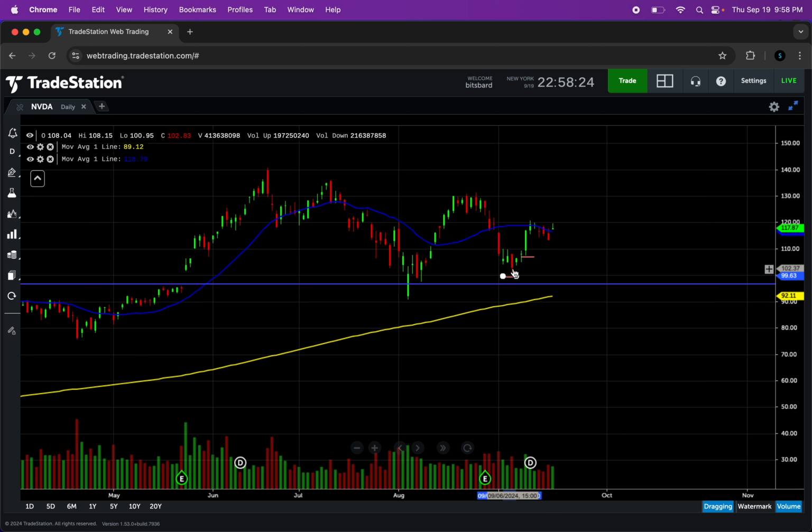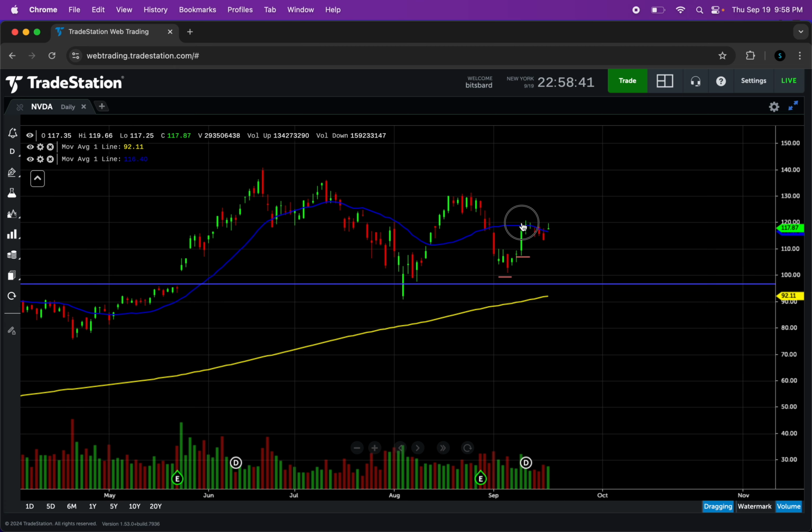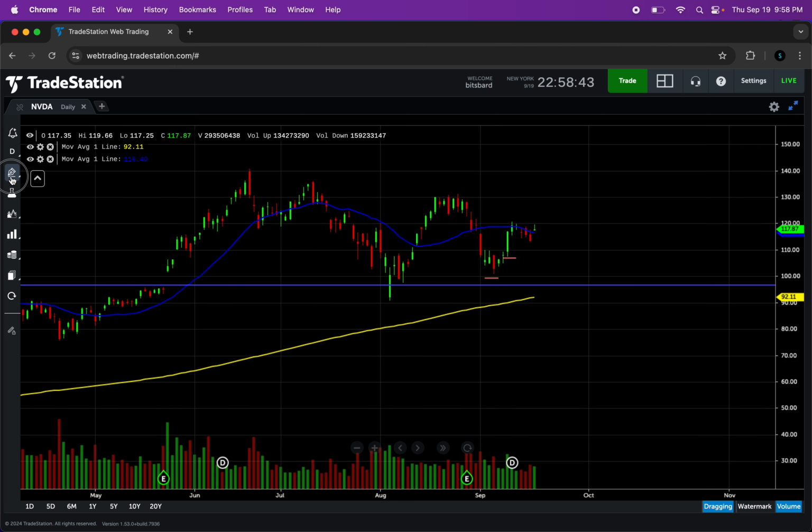We can see the low here is 100.95, and that's the 1 risk to 2 ratio. So the target after calculating that was right about here. I think it was 119.90.